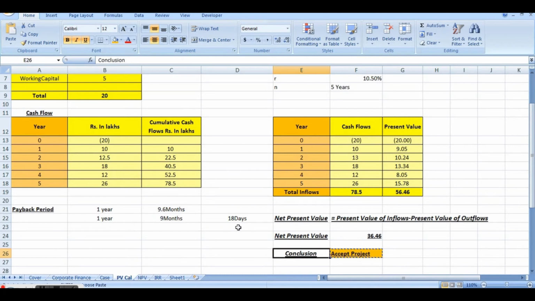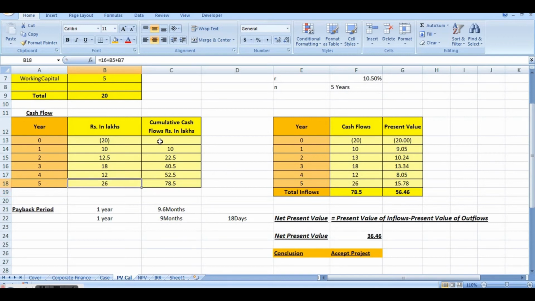Now if I come to know that in year 5 the inflows are actually only 2, still I am accepting the project.